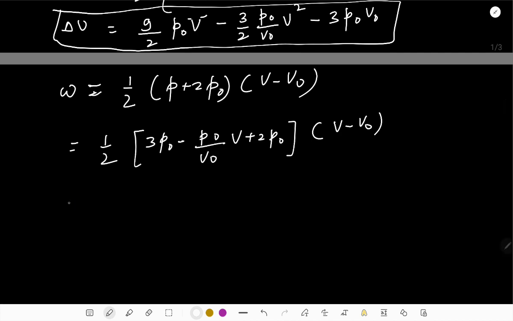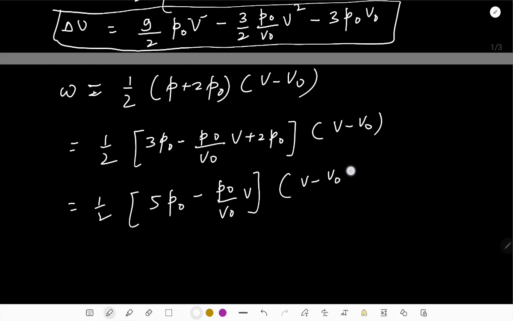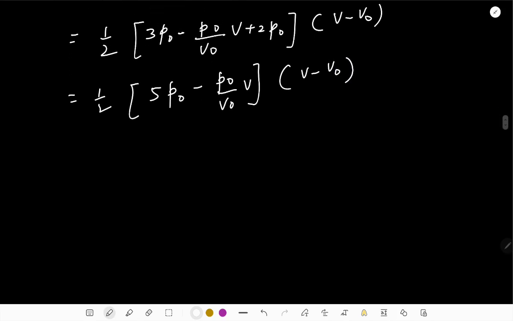That means I can write here half multiplied by 5 P naught minus P naught by V naught V, and this is multiplied by V minus V naught. So I would like one more step here, 5 by 2, because I haven't calculated it before.